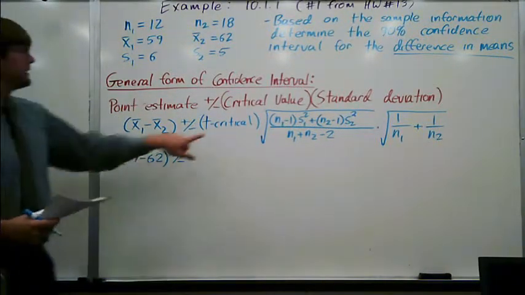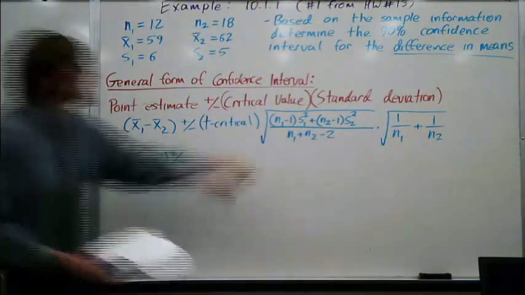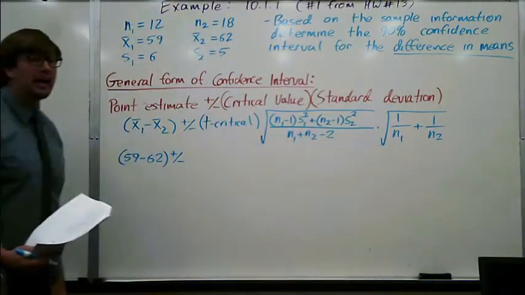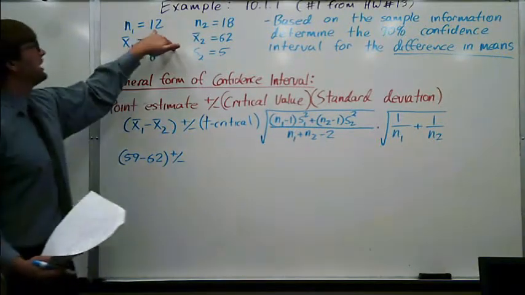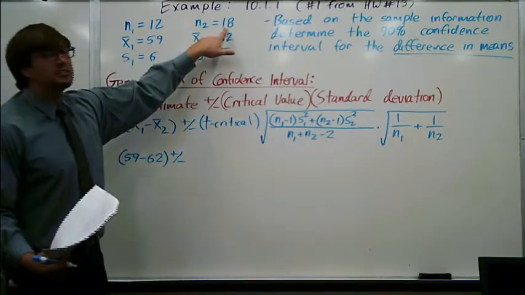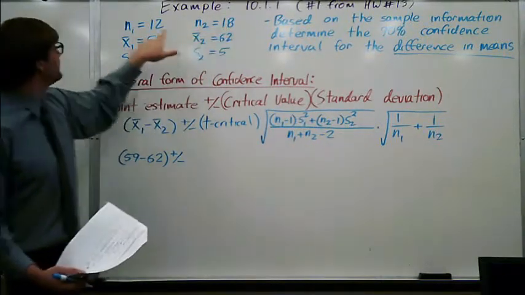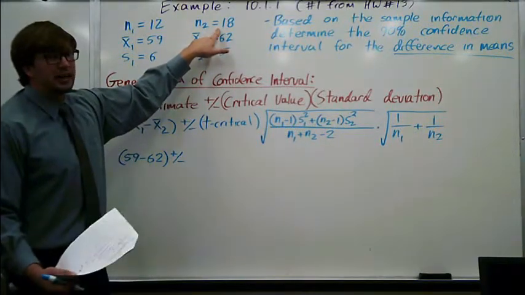When you're finding the t critical value, of course, it's based on the degrees of freedom and the confidence level. Now that we have two different sample sizes, to figure out the degrees of freedom, we take sample size 1 plus sample size 2, and then instead of subtracting 1, we subtract 2. So in this case, 12 plus 18 is 30. 30 subtract 2 is 28.